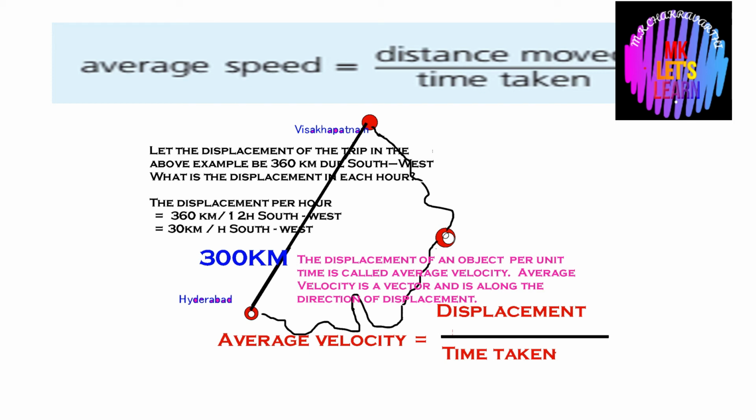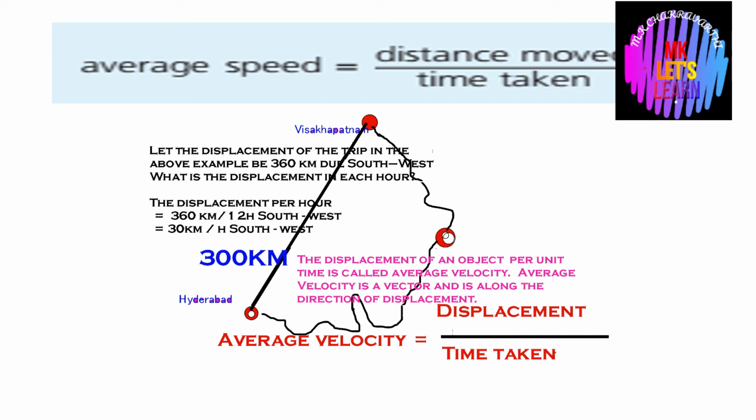That is why we state the average speed. If a train could travel at a constant speed of 60 kilometers per hour for 12 hours, the distance covered would still be 720 kilometers. It is always true that average speed is equal to distance moved divided by time taken.